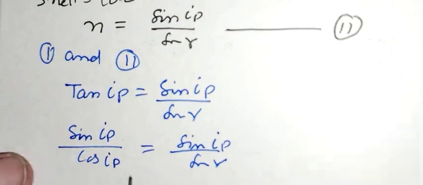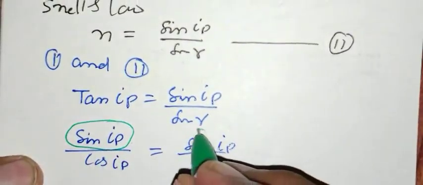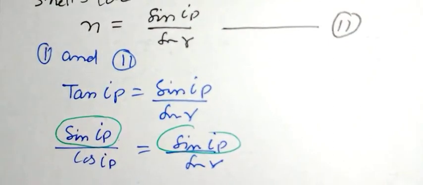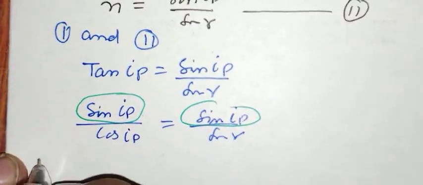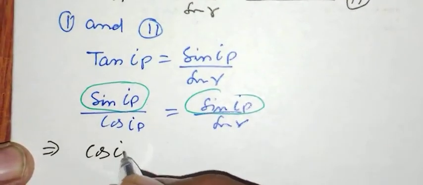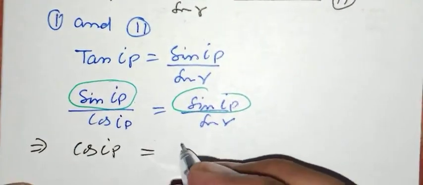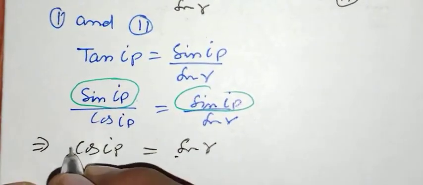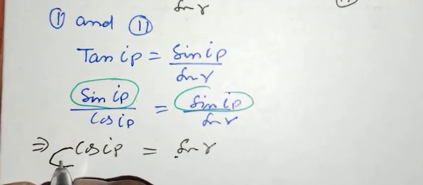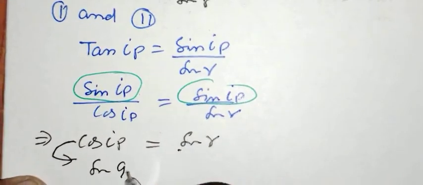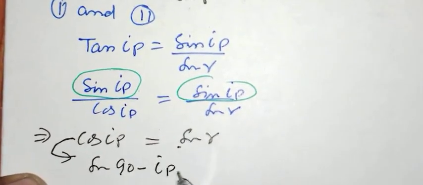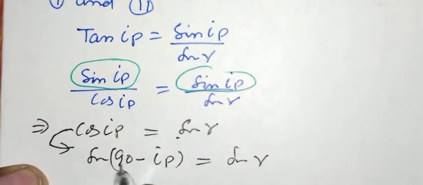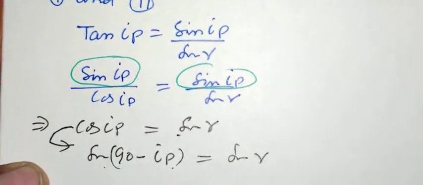Now see very carefully, sin IP cancels on both sides. This implies that cos IP can be written as sin R. Cos IP can be written as sin of 90 minus IP, which is equal to sin R. Sin of 90 minus theta is cos theta.